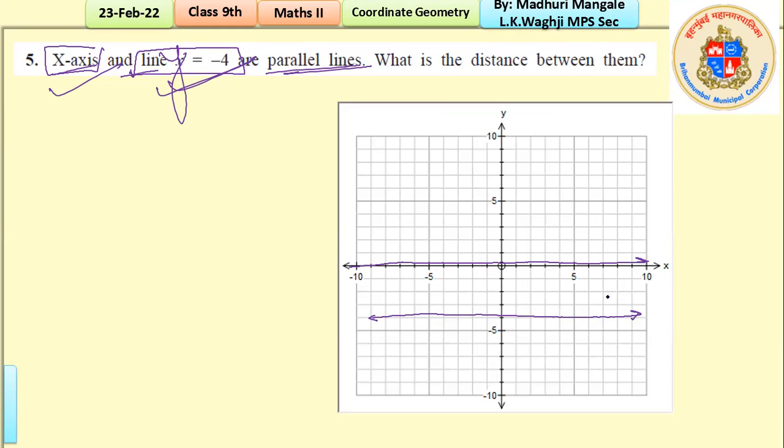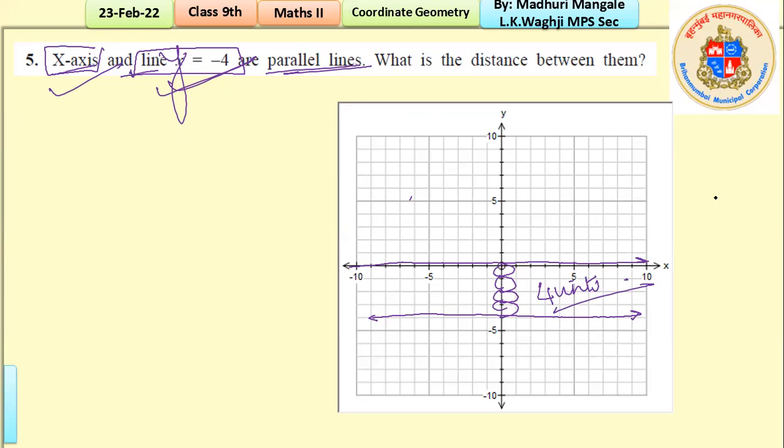Those are the two lines, and now we need to find the distance between them. To find it, you just count how many units we can move down from one line to the other, how many boxes there are. So the distance is 4 units.